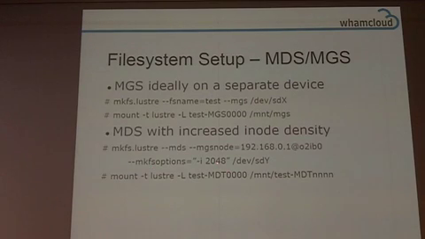I've shown an example from the manual, but you can specify a parameter to say, give me one inode on the metadata server for every 2K. The default is every 4K. The lowest this can reasonably be is about 1.5 or 1K per inode, but 2K is pretty safe, and it lets you use more of your SSD space more efficiently.